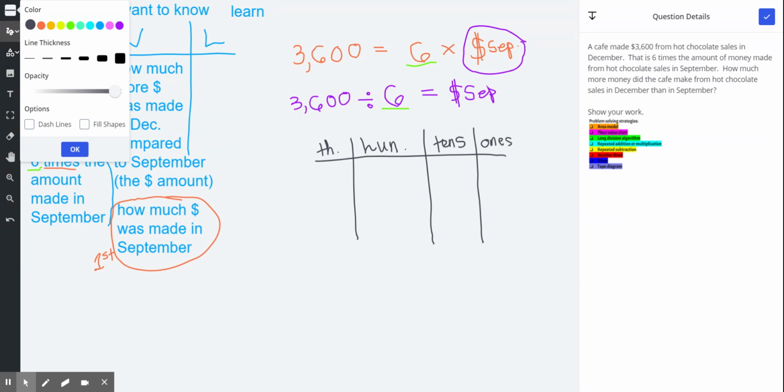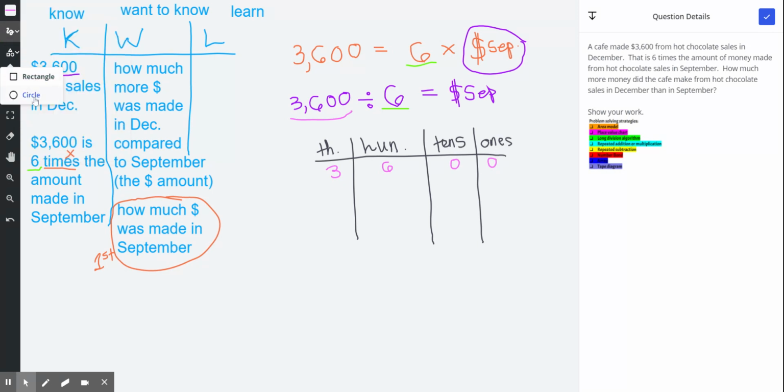All right. So just like we've been doing in class with these practice problems, we have to represent our dividend on our place value chart. So I'm going to underline my dividend here in pink. That's going to be 3 under my thousands column, 6 in my hundreds, 0 tens, and 0 ones. I can also use my shapes here to help me with drawing my dots.